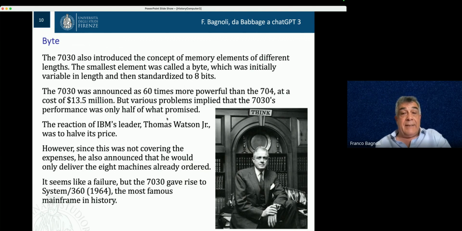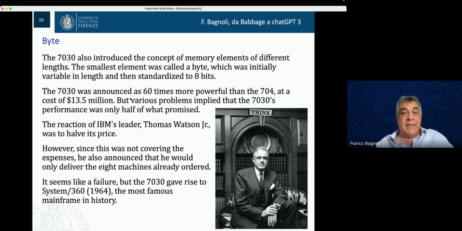And clearly, this was also the age of Thomas Watson, the CEO of IBM, whose motto was "think before act." And he was really a curious man.